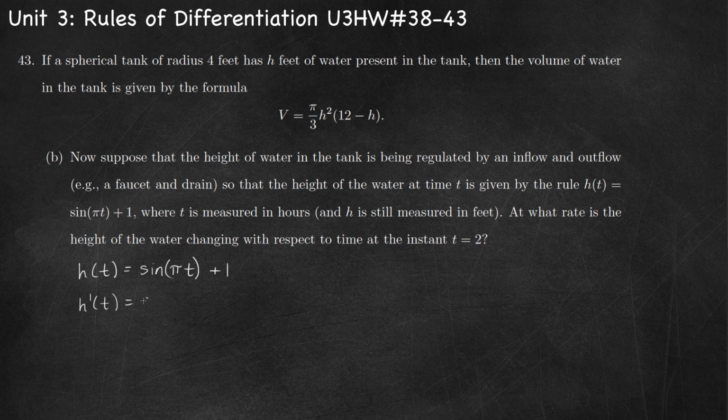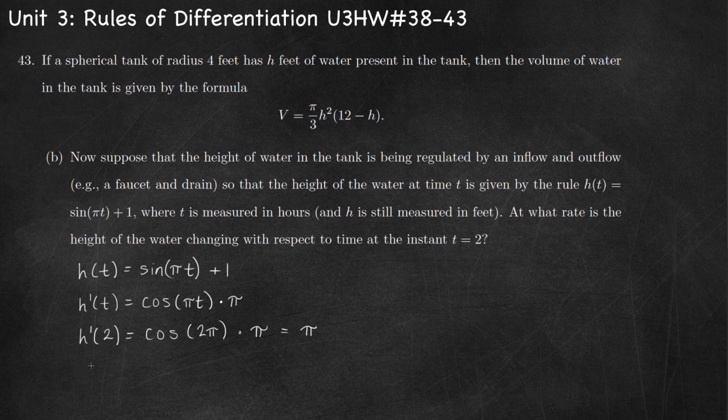The derivative of sine of stuff is cosine of stuff times the derivative of the stuff, and the derivative of pi t is pi, plus the derivative of 1, which is just 0. Now, at the instant when t equals 2, we need to find h prime of 2. So that would be the cosine of 2 pi times pi. And the cosine of 2 pi is 1. 1 times pi is pi.